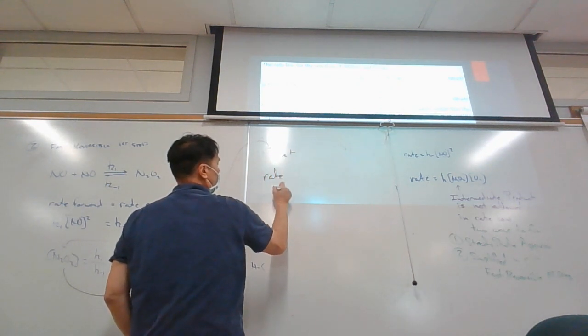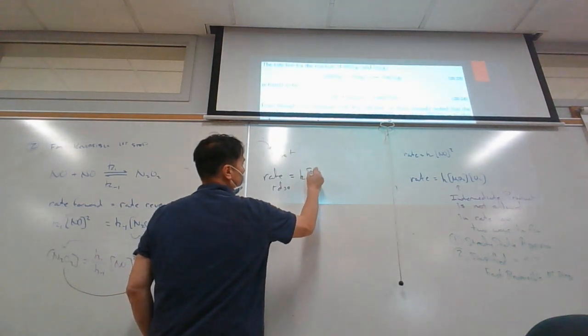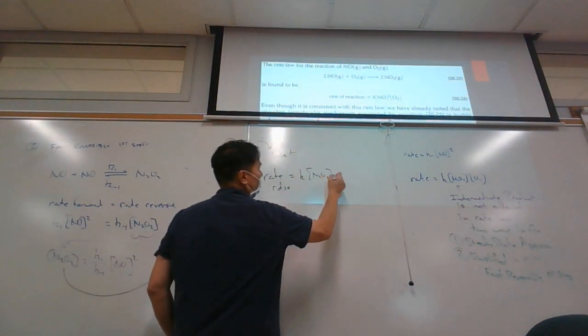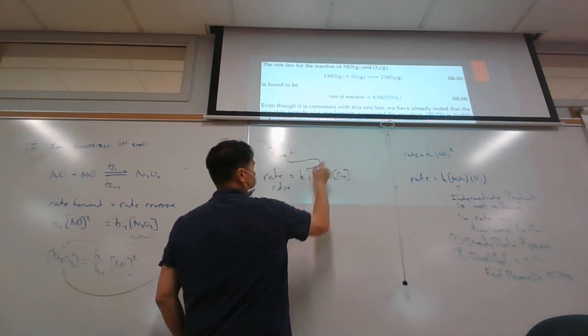So the rate from the rate determining step is equal to K times the N2O2 times the O2. And we're going to substitute it in here.